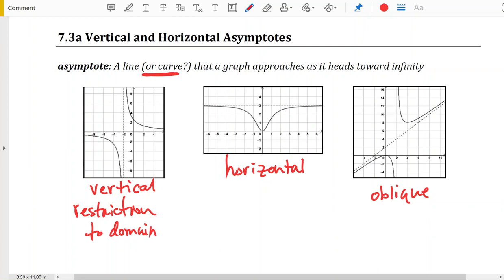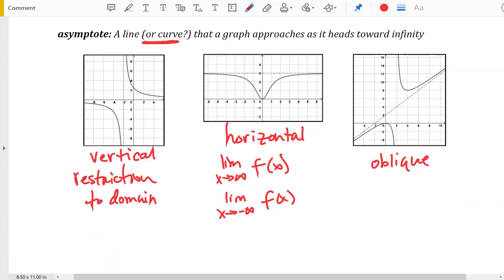While horizontal asymptotes are based upon the limits of a function as x approaches infinity or as x approaches negative infinity. We're primarily going to work with rational functions, and in the case of rational functions, these two limits are going to equal the same thing, but you can find some functions where the horizontal asymptote to infinity is different than the one to negative infinity.